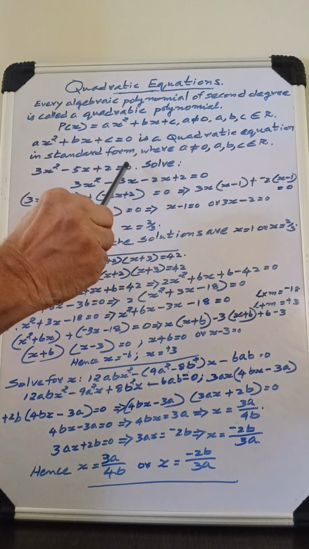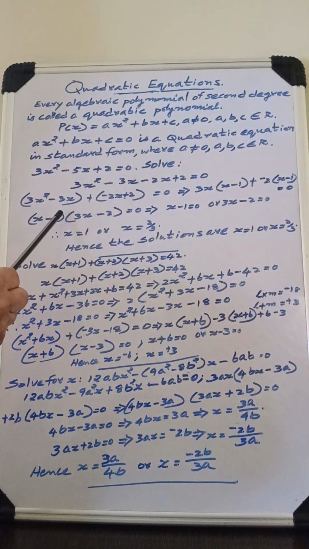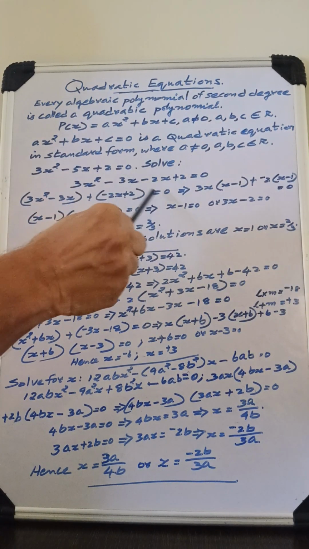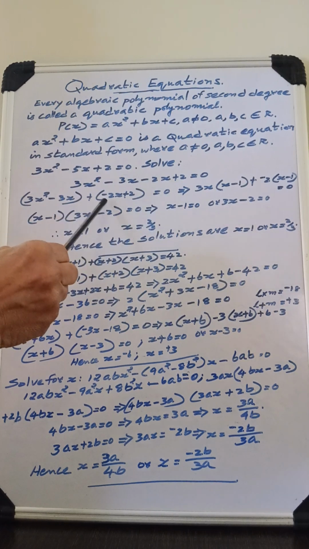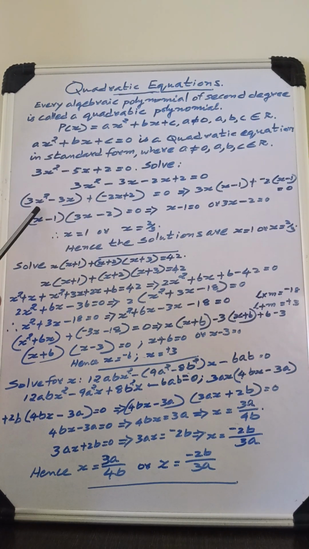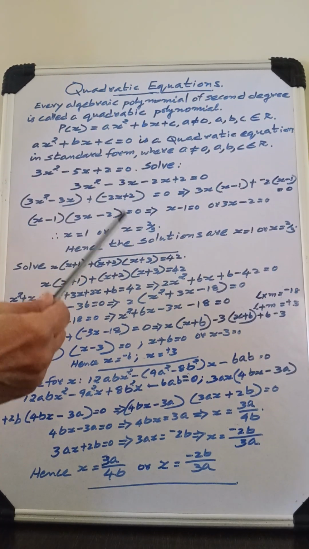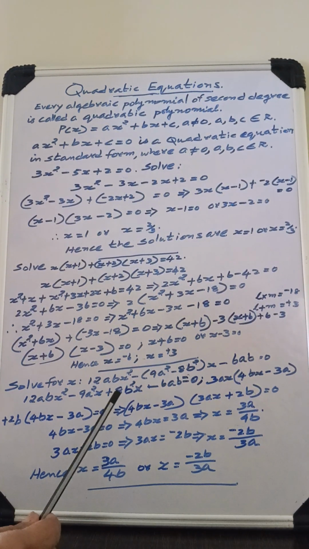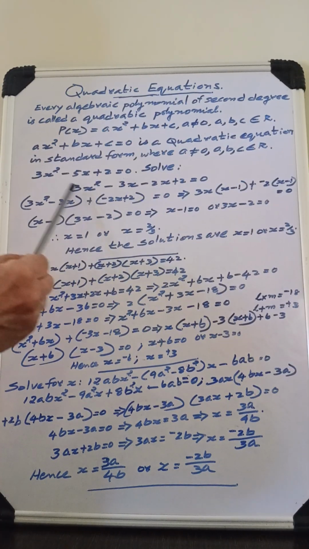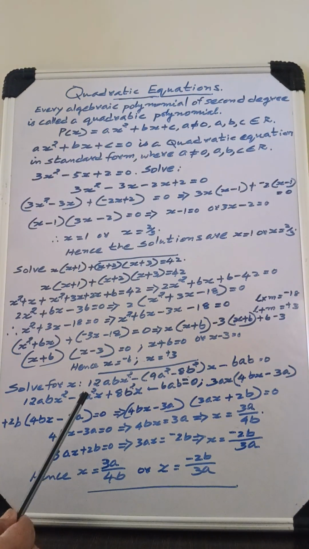We can group the first two terms as 3x squared minus 3x, and the second two terms as minus 2x plus 2. Therefore, 3x squared minus 3x plus minus 2x plus 2 equals 0. We can take the greatest common factor from the first group, 3x.